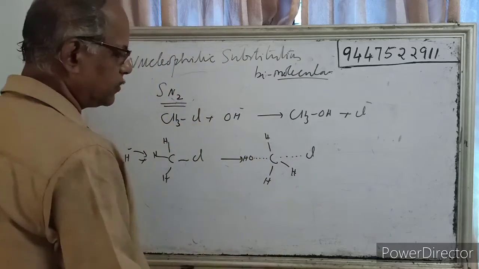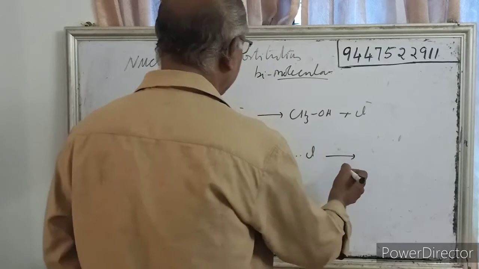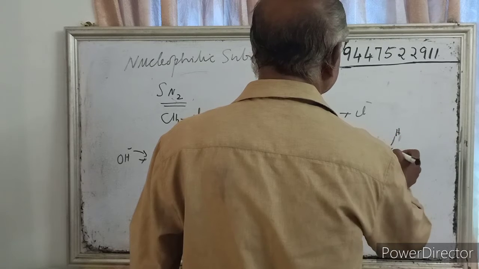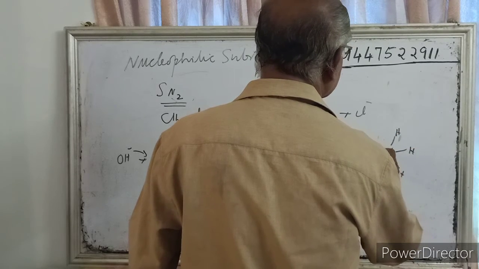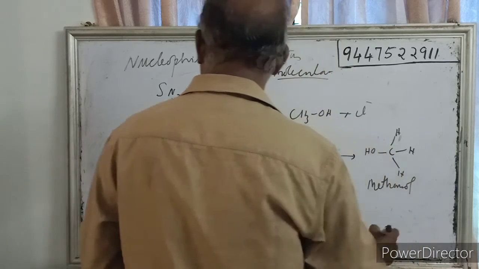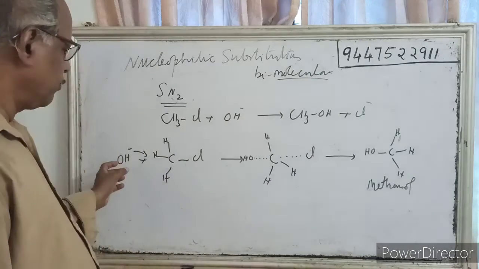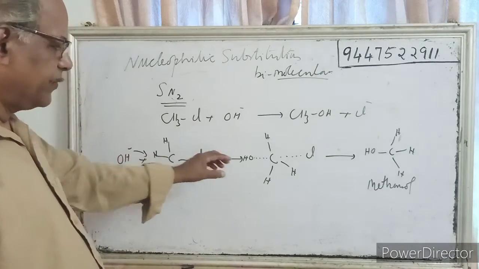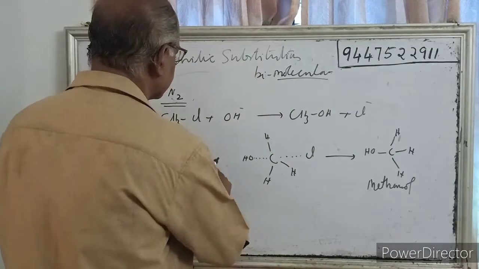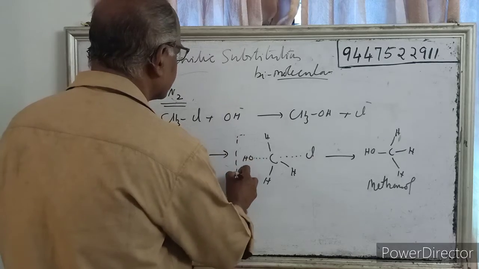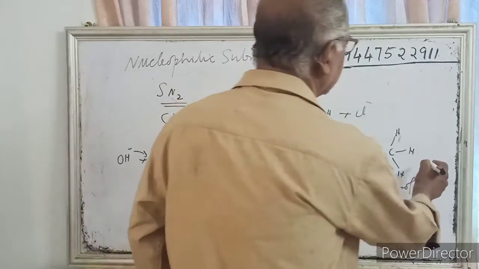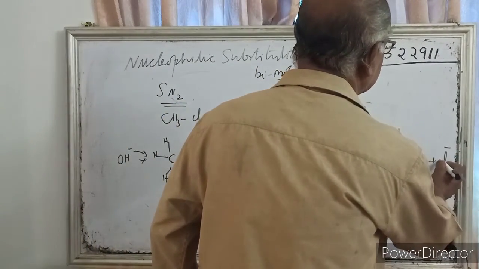This intermediate product decomposes to give methanol and Cl minus.